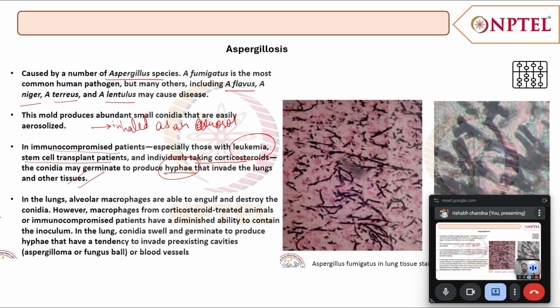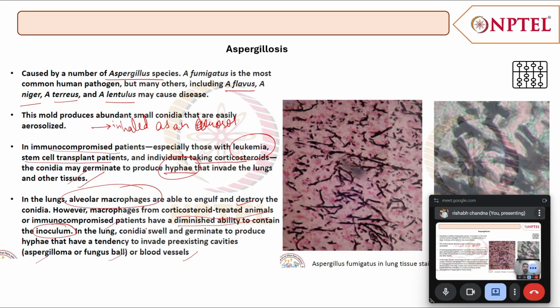However, macrophages from corticosteroid treated animals or immunocompromised patients have a diminished ability to do so.